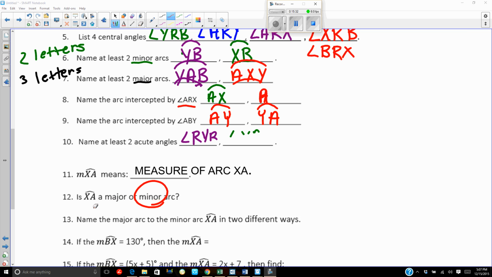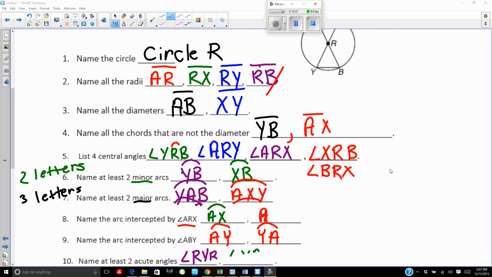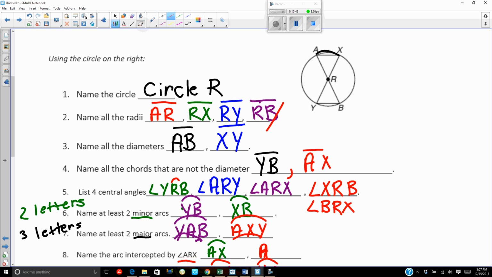The next question says name the major arc to the minor arc XA in 2 different ways. So let's scroll back up here at the top. Again, our minor arc is arc XA, and the major arc that corresponds to that minor arc is everything else.